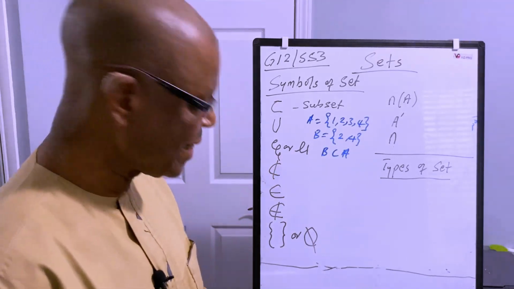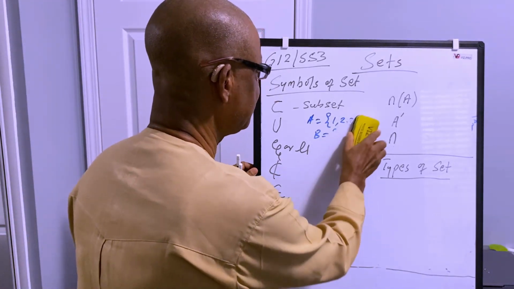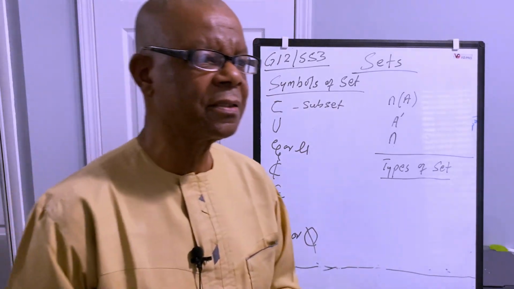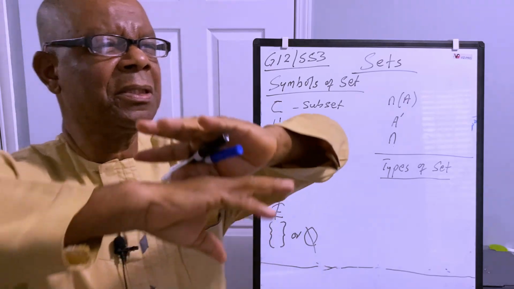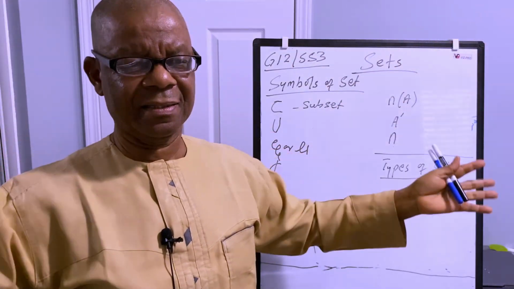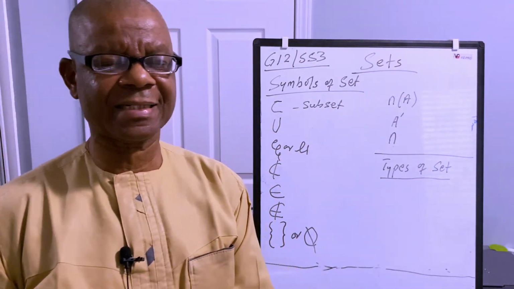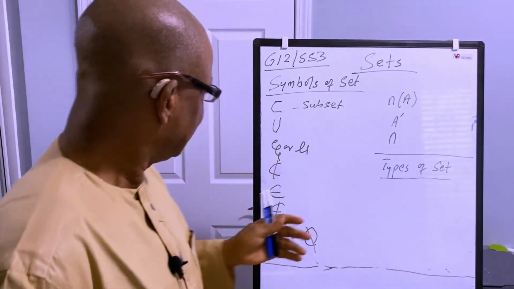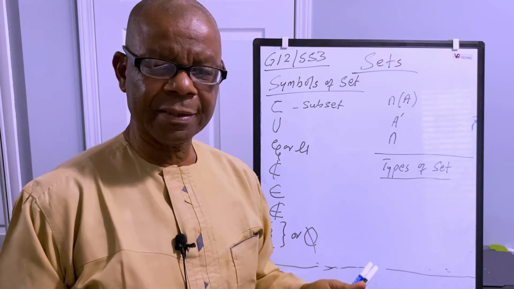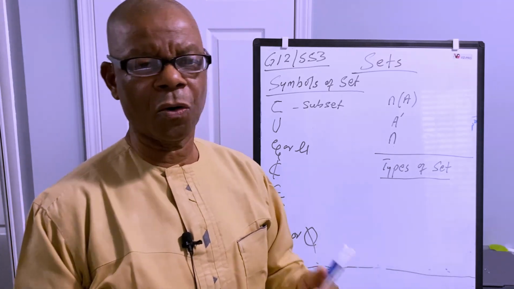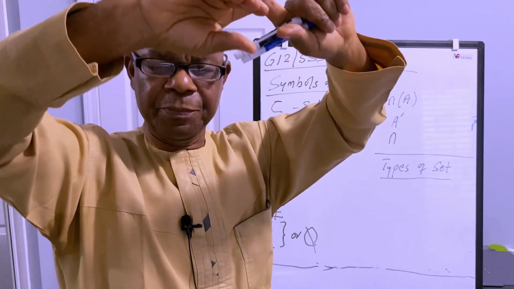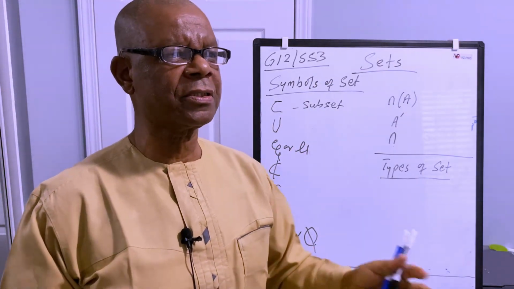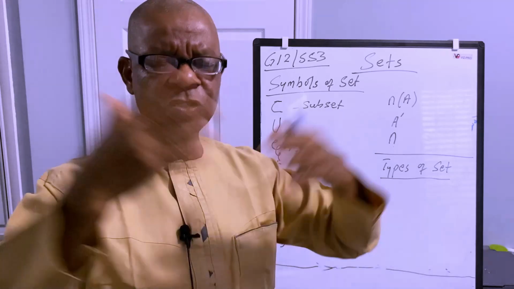This is universal set. Universal set is the enlarged set that all other sets are part of. When we are talking of different countries in the world, the whole world is the universal set.